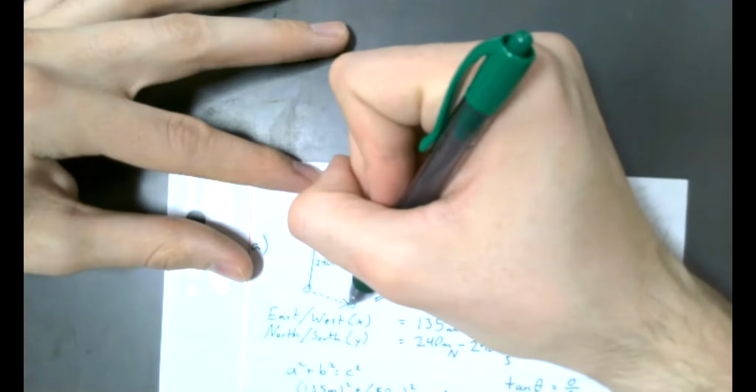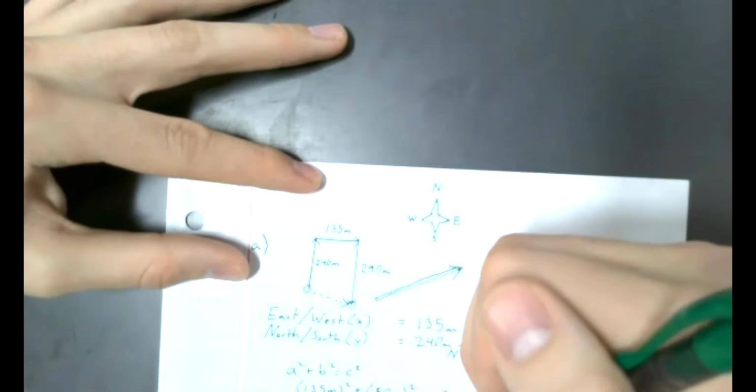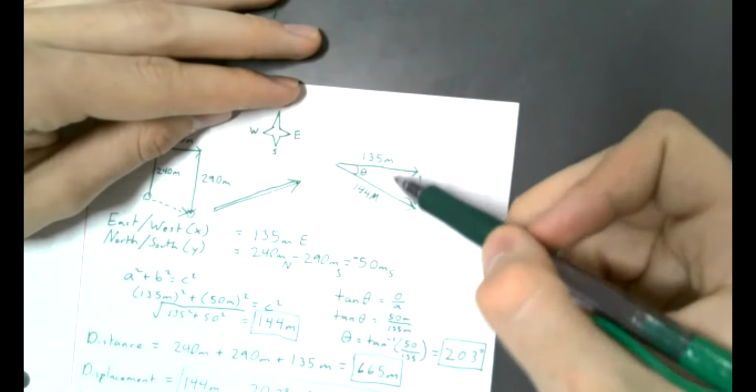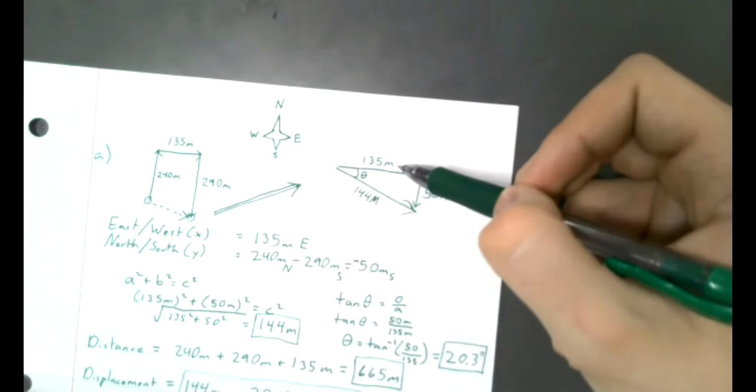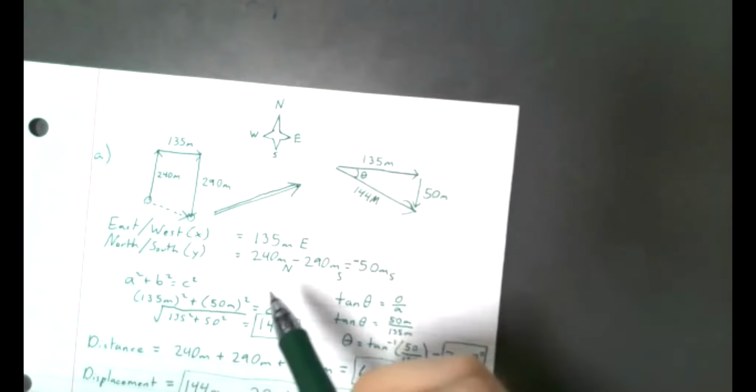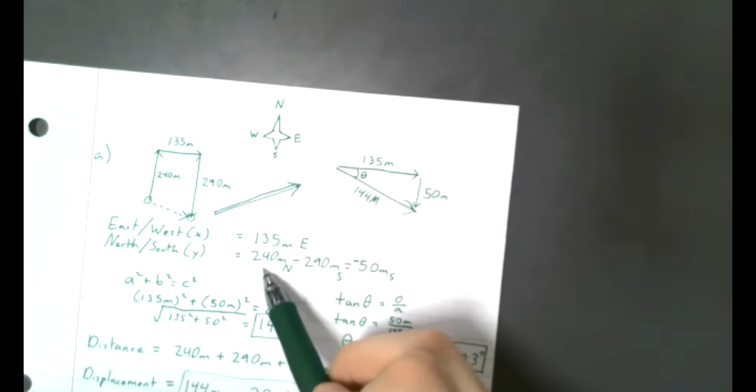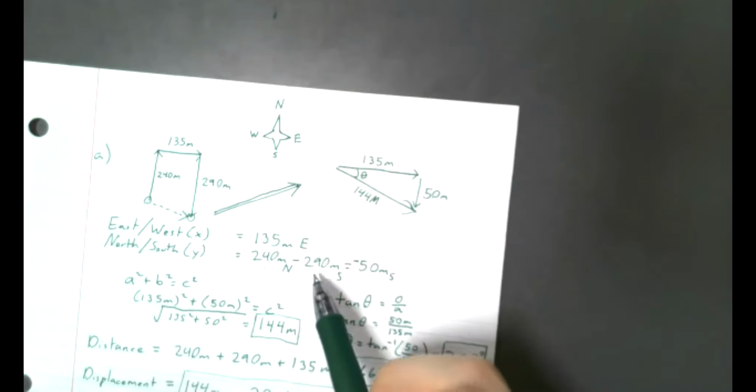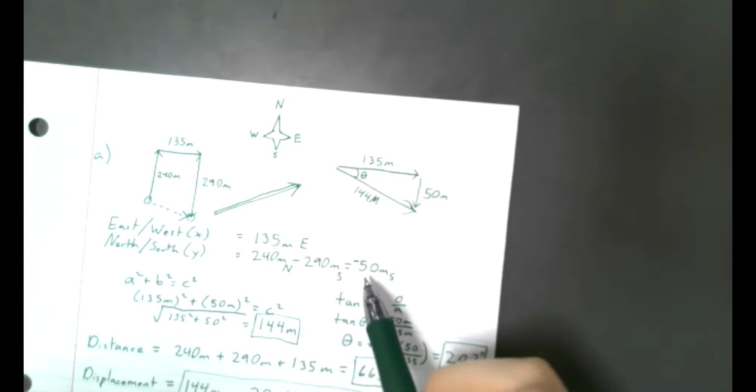So he went slightly south and pretty far to the east. And so basically his displacement looks like this, where he had 135 meters east, and the difference between the 240 meters that he went north and the 290 meters that he went south is negative 50 meters. So that's 50 meters south.